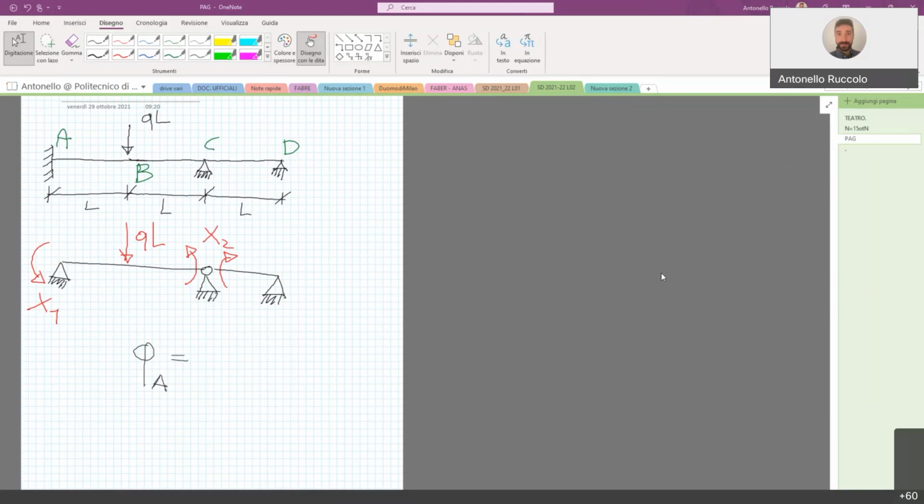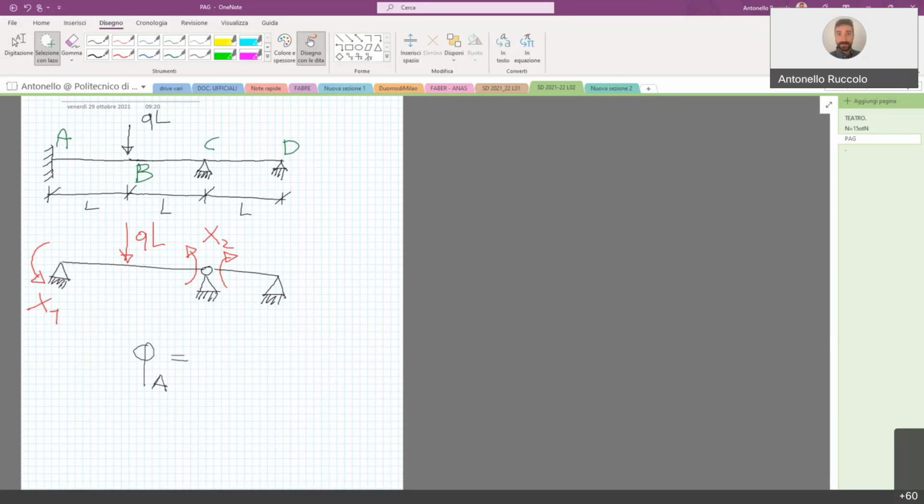Okay. Now you're in. Every time we downgrade one restraint, we have to impose the original motion. In this case, the section A was fixed. Okay, so we had no displacement and no rotation. We have released this possibility, allowing this node to rotate.